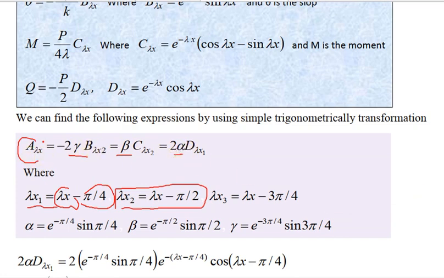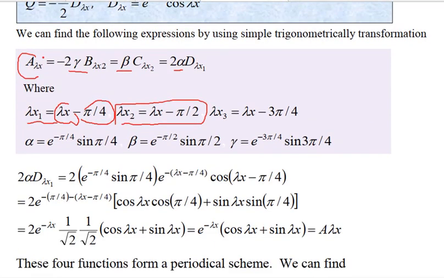Let us take the following example to show you how to get, for example, A from D. 2 alpha D lambda x1, where alpha equal to e to the minus pi over 4 sine pi over 4. Replace alpha here with this expression.